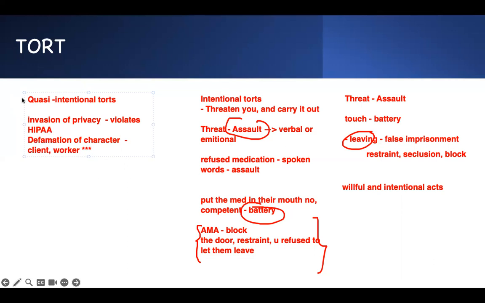Basically, you say things about them, you write things about them, you're defaming their character. They can sue you. It happens all the time in the newspaper. They call it a regular lawsuit, we call it tort because it's professional. So when you talk about them, either in written form or in verbal form, that's what is happening to their reputation.